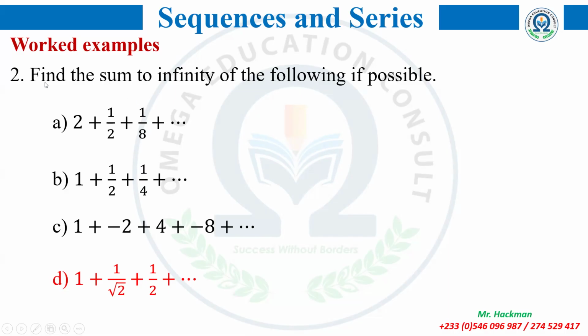Even if the question were put this way, find the sum of the following series, you can see that you are dealing with an infinite series. So you are finding the sum of an infinite number of terms. So it will be sum to infinity. You get the point?